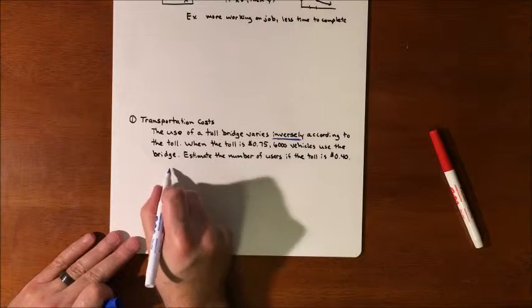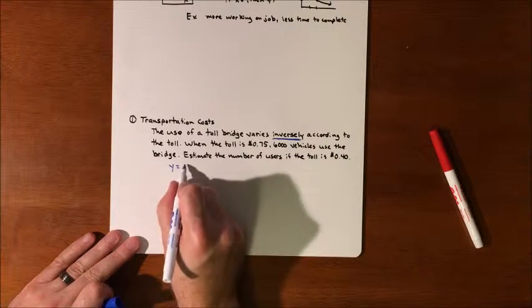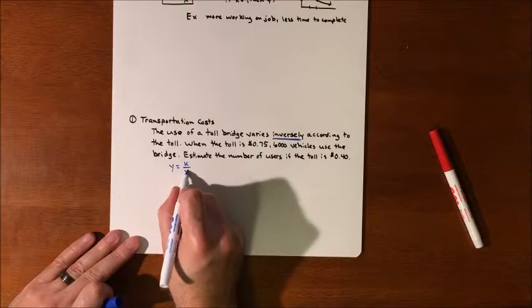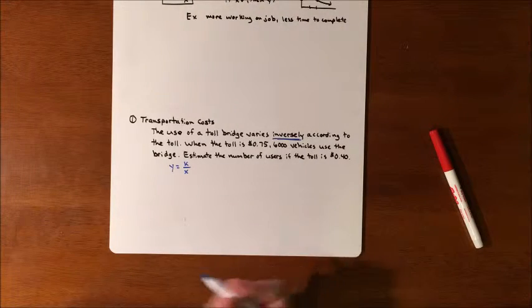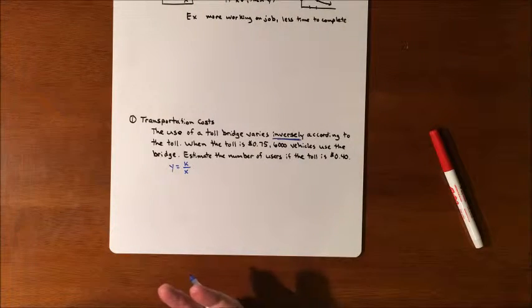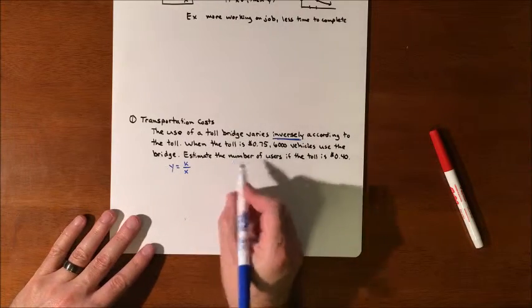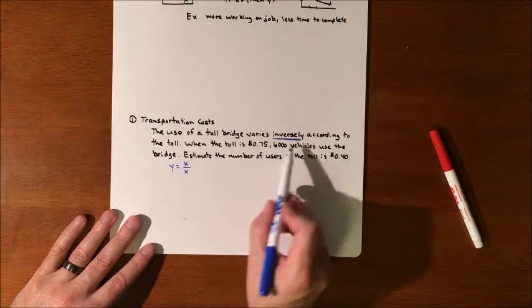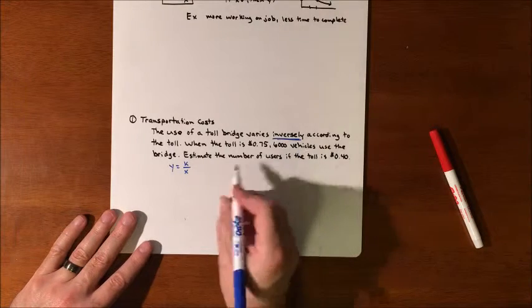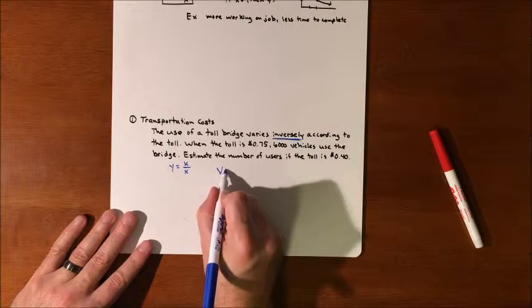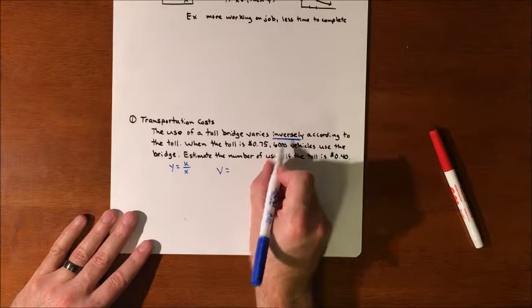So instantly I'm thinking of this kind of equation, but I'm going to write it more in the terms that they give me. The use of the toll bridge, we are talking about so many vehicles crossing. So the vehicles vary inversely.